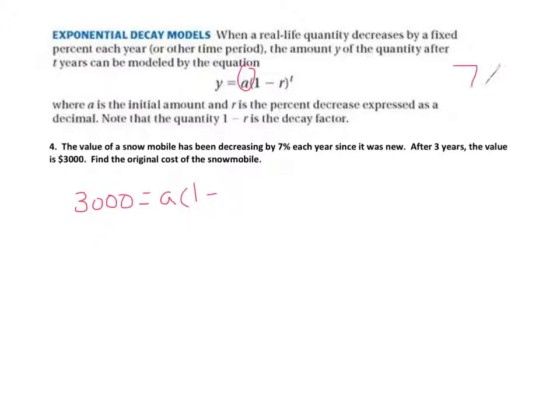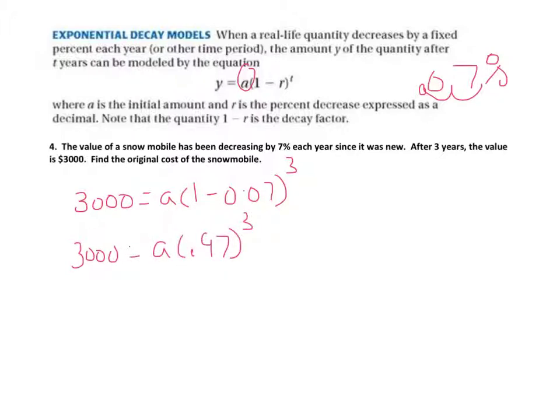Now remember, convert that to a decimal though. So move it 2. So 0.07 to the third power. So you get 3,000 equals a times 0.93 to the third. So divide by that.